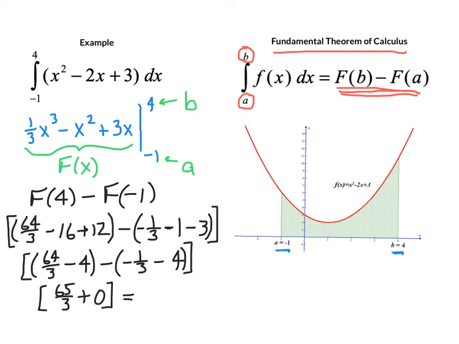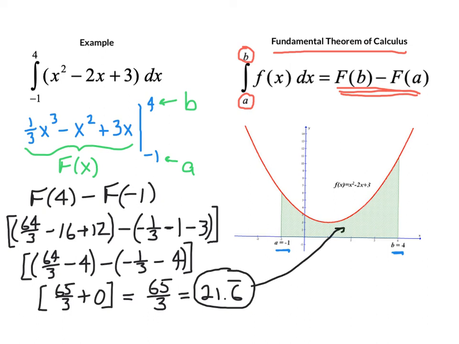And we get our area under the curve between -1 and 4 as 65/3, which if you want to write that as a decimal is 21 2/3 or 21.6 repeating. So we've done something that truly cannot be done without calculus here, which is to find the area under a curve even though it does not have a regular geometric shape to it.